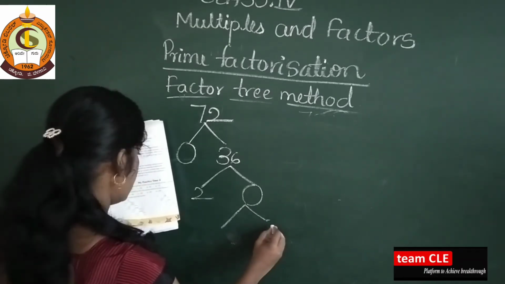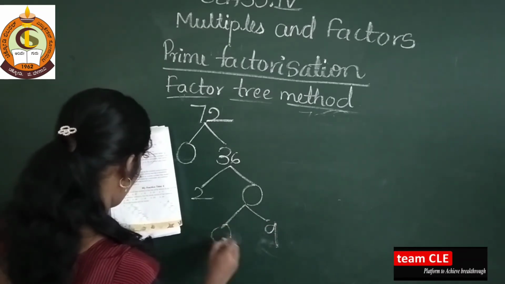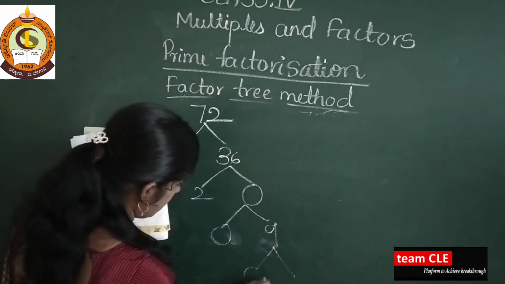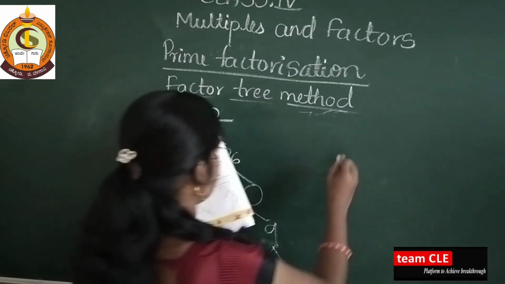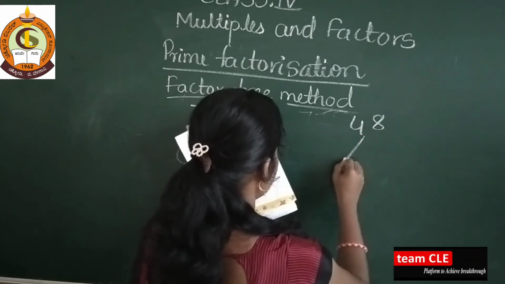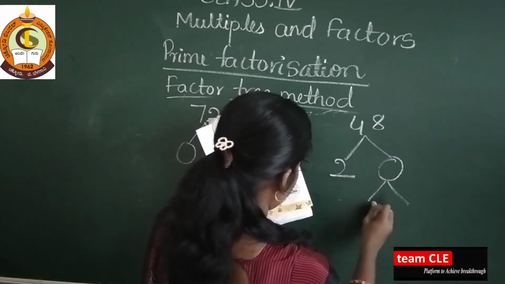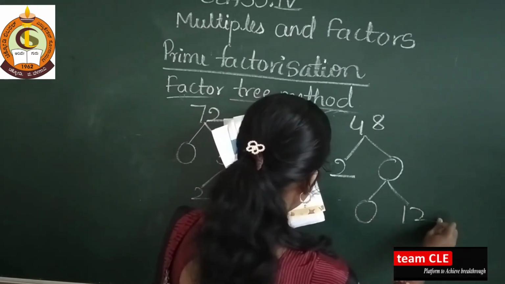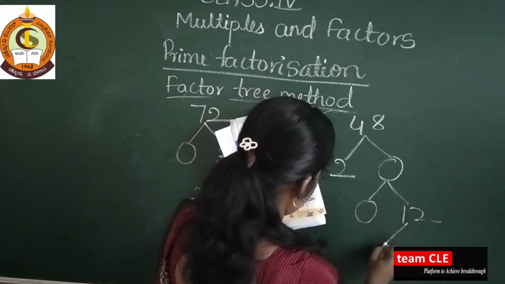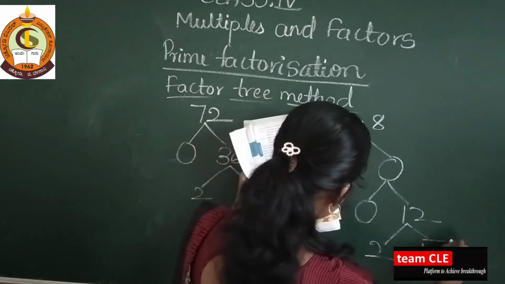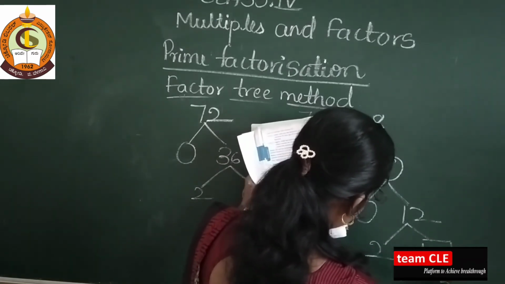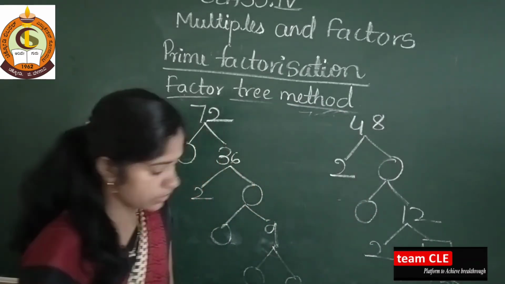Here 9 is there, and here there is a box. Like this, fill in the boxes. It is 48. Next here 2 circle is there. Next 12 is there. Next here 2 is there. Next 3 is there.